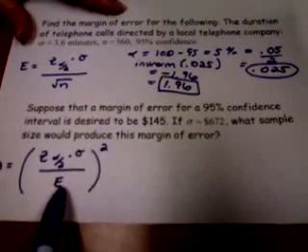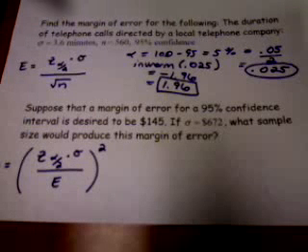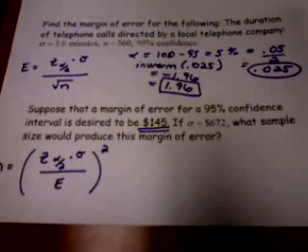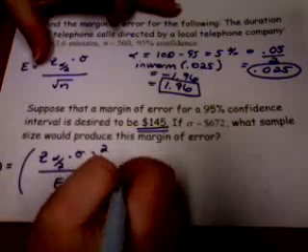And my margin of error, well, you're going to look for anything that you see. In this case, it tells you directly, but if you see the word like within, like I want it to be within 3 points or within $3, that's your margin of error. This one tells you, suppose that the margin of error for 95% confidence interval is 145, so that's going to be your error.